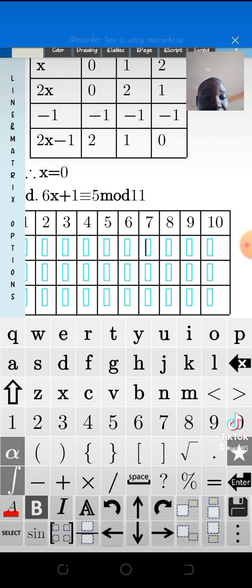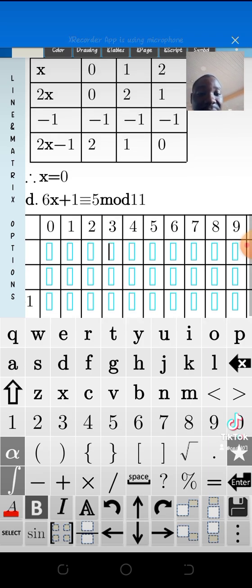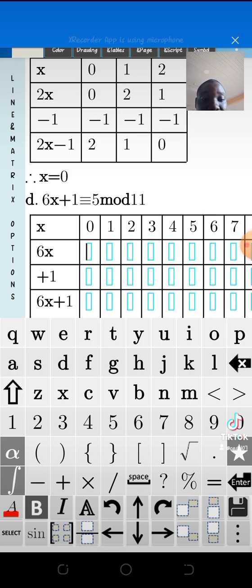So let's quickly multiply this now. 6 times 0 is 0. 6 times 1 is 6, so you write down 6. Then 6 times 2 ought to be 12 normally, but since we are dealing with mod 11, that's going to be 1. Then 6 times 3 is going to give you 7 in mod 11.